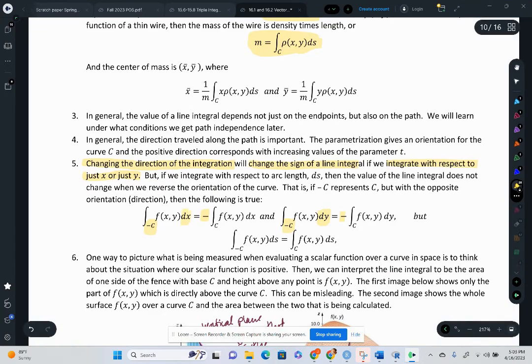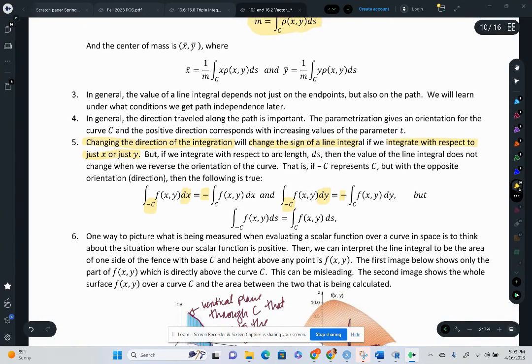Okay, but if we have ds, remember, it is going to be the square root of the sum of squares of x'(t) and y'(t), and so those are always going to be positive. And so that means that if we go in a different direction along the curve C, it's not going to change the sign of the line integral.